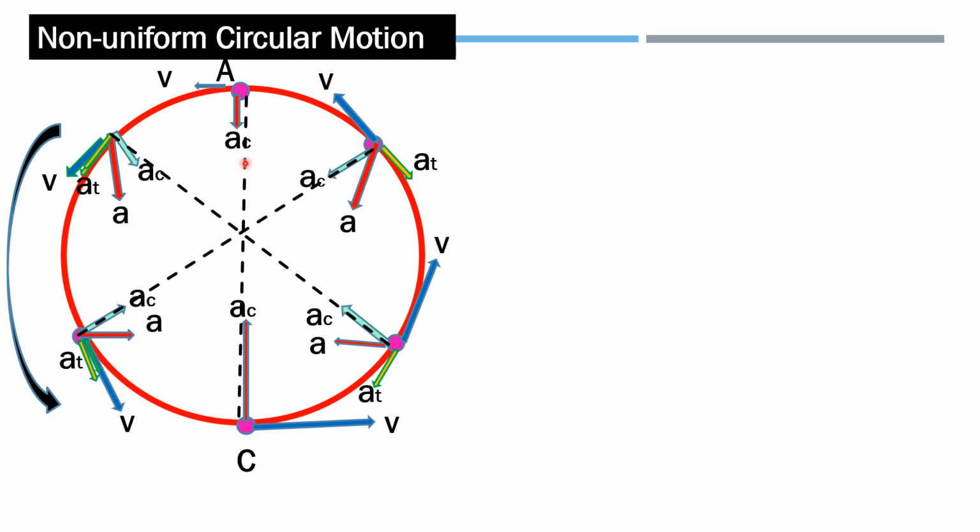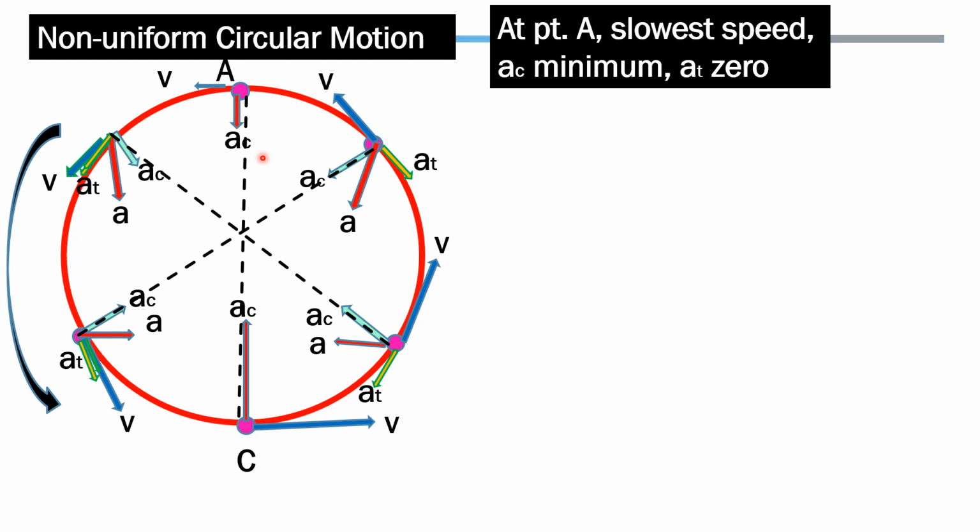For example, at point A, the moving body has the slowest tangential speed.